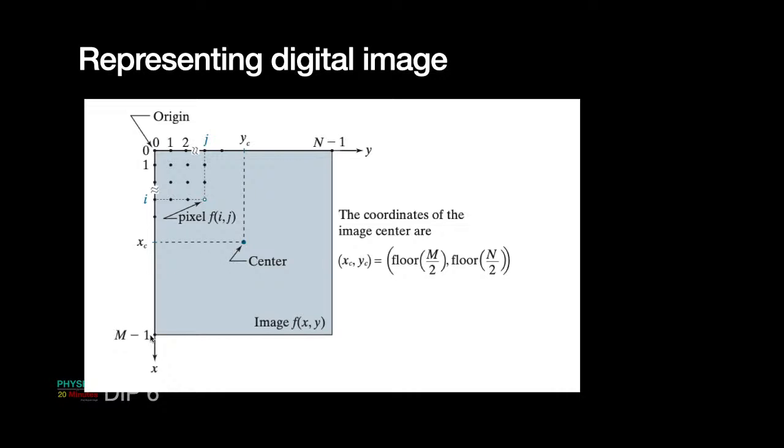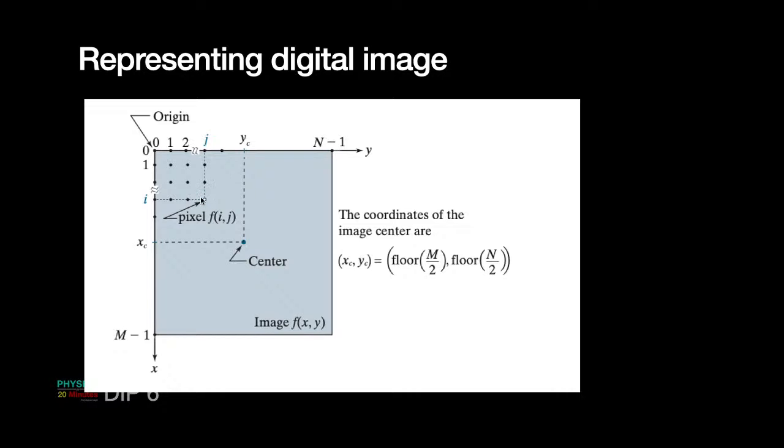So when we say that there are m number of rows, we mean that the starting row is 0 and the last row is m minus 1. The origin is not the center. Remember, the origin is this point, which is 0, 0.